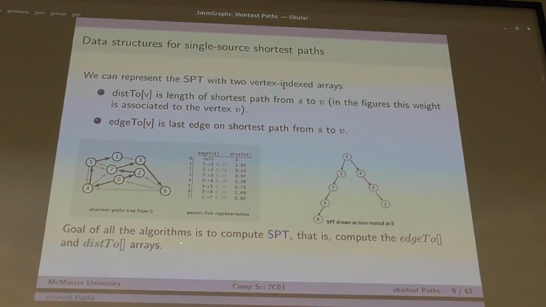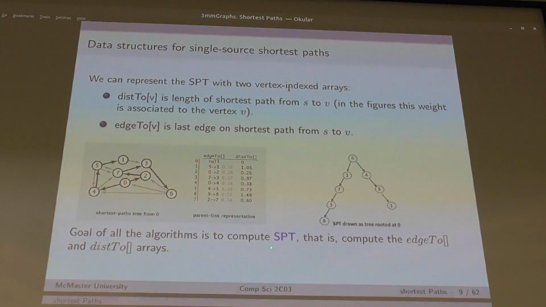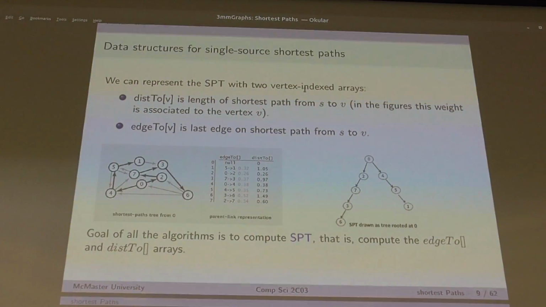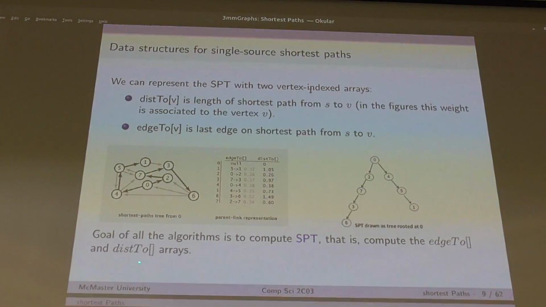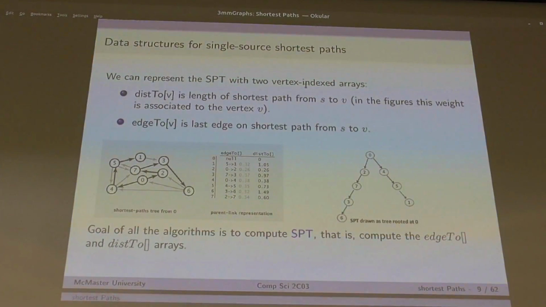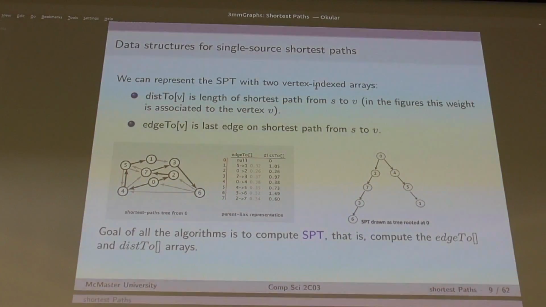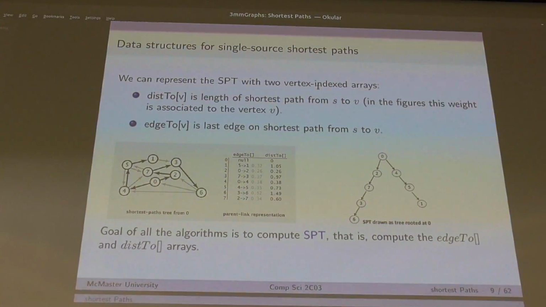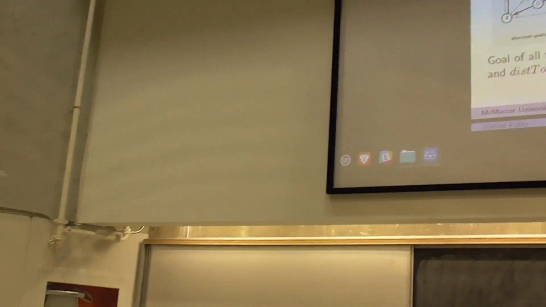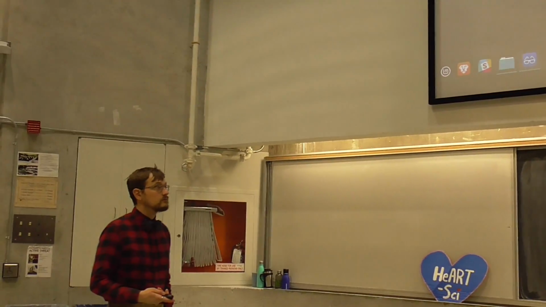The goal of the algorithms is to compute the shortest path tree. That is, to compute the edge to and distance to arrays. Once we have computed these arrays, all we need to do is look up the particular node that we are trying to find the shortest path to, and boom, we have our answer.